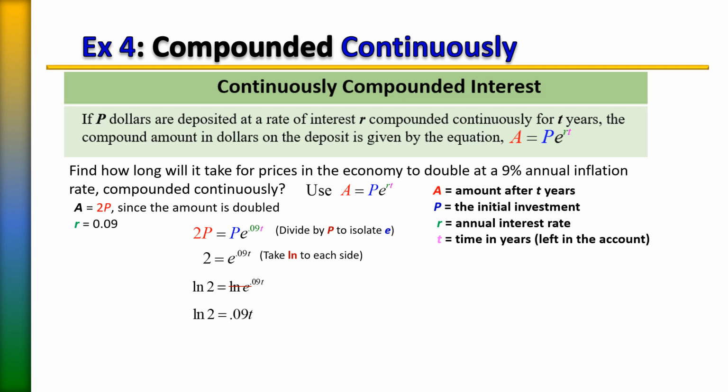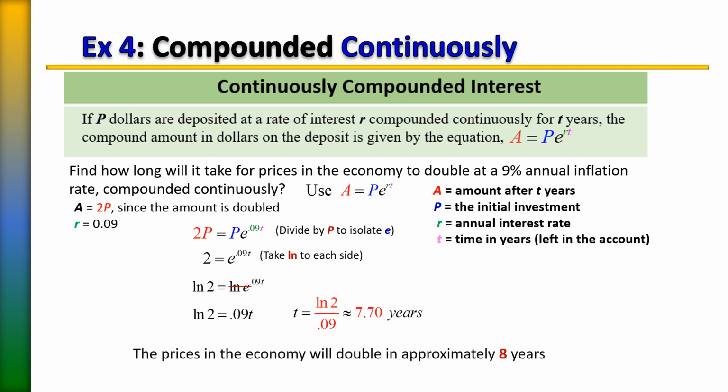And you know what the rules of equations say: whatever you do to one side, you do to the other. Take your calculator out and type in the natural log of 2 divided by 0.09. What you should get, rounded to the nearest year, is that it will take about 8 years for prices to double at that rate.